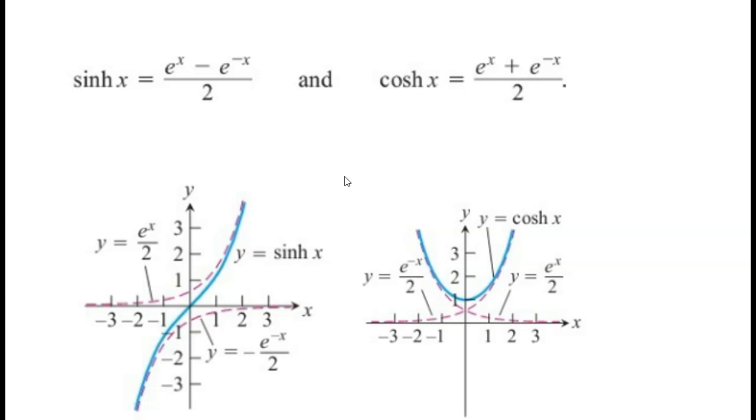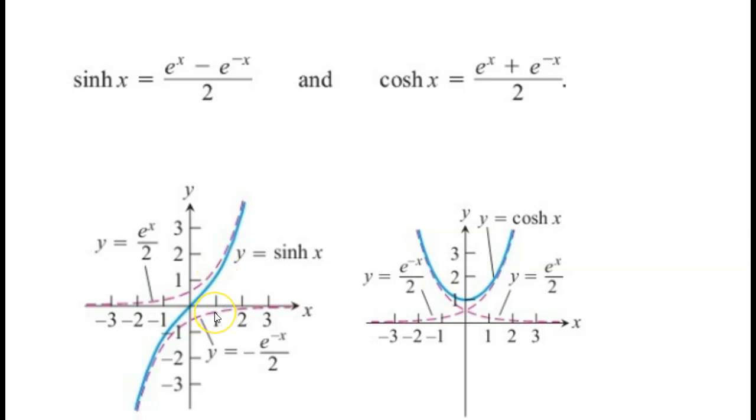When you look at the graph of sinh on the left, the definition for sinh is e to the x divided by 2 minus e to the minus x divided by 2. So come to the graph in the red dashed line for e to the x divided by 2 and go out to 1. It looks like that value is somewhere around 1.5.